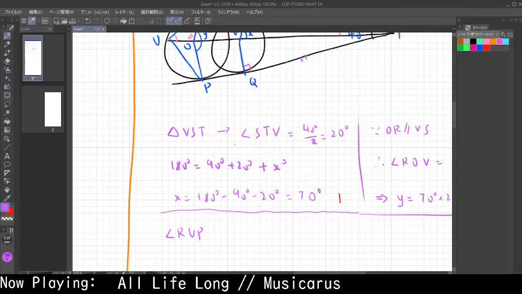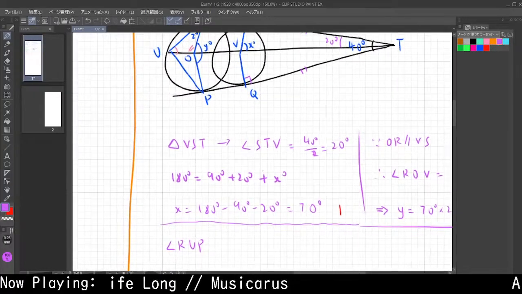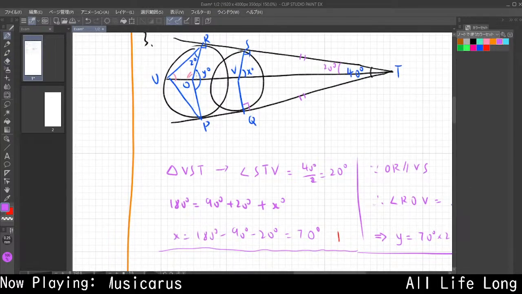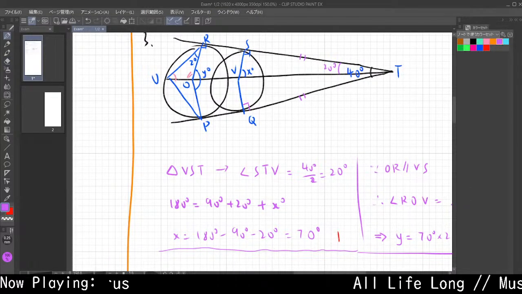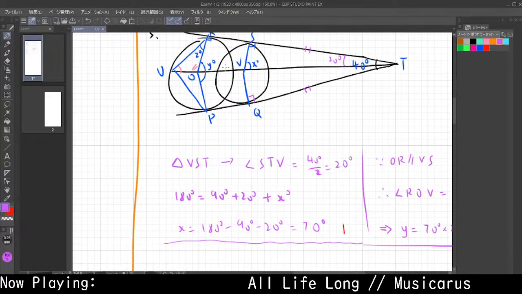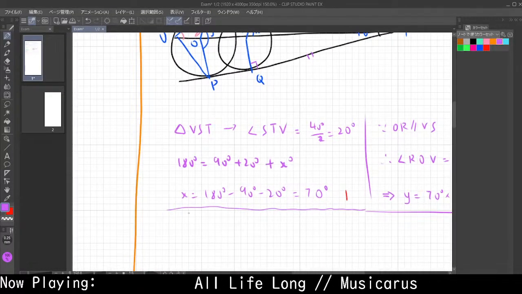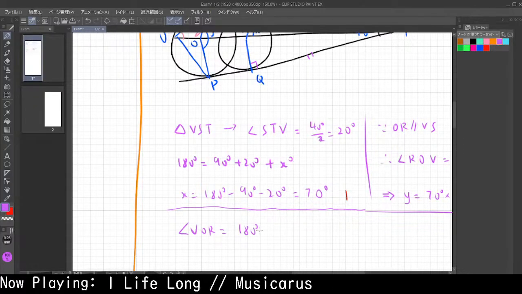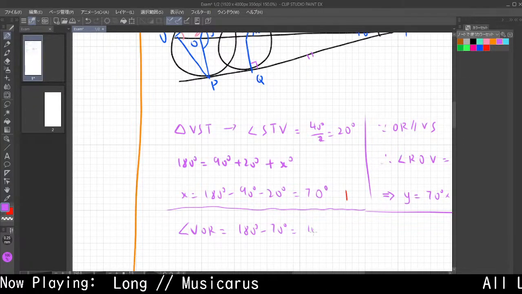Anyway, it actually doesn't matter. If you find your pink one over here, or UOR, you can just take 180 minus half of y, which is 180 minus 70. So your angle UOR equals 180 minus 70, you get 110.